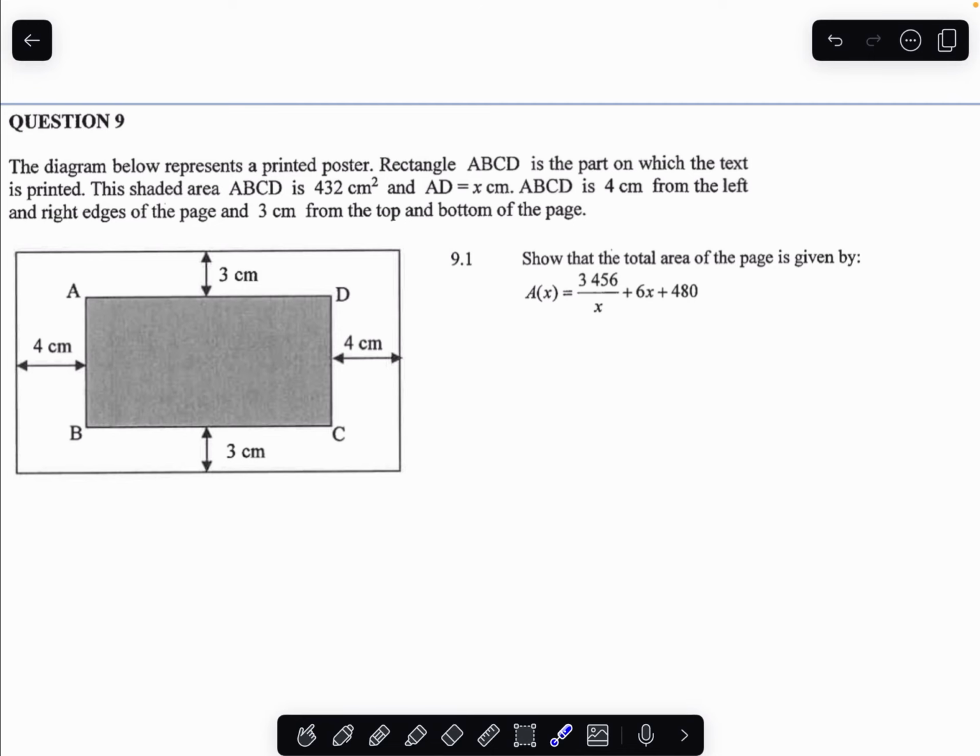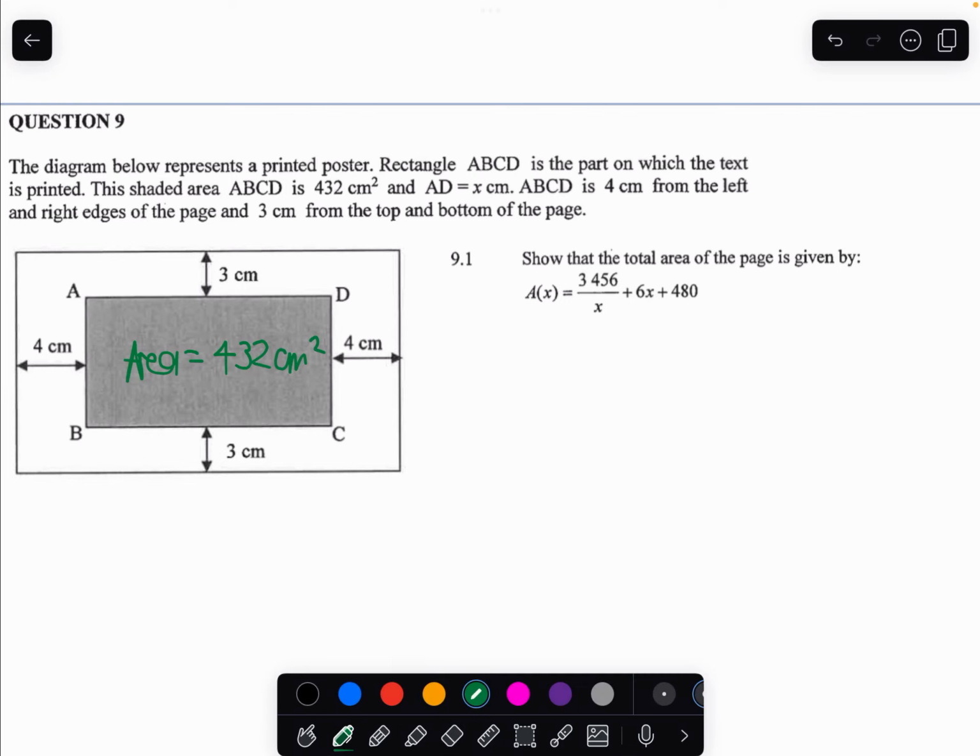The shaded area, so this is the rectangle where the text gets written, is 432 square centimeters. And AD is x centimeters, meaning that this side over here will be 432 over x centimeters.